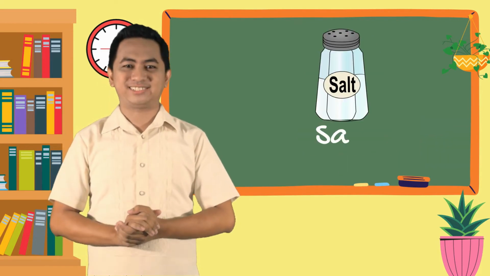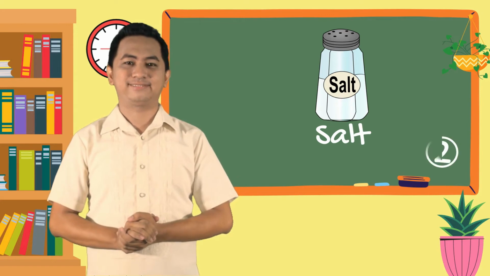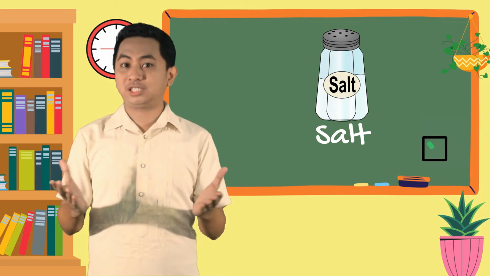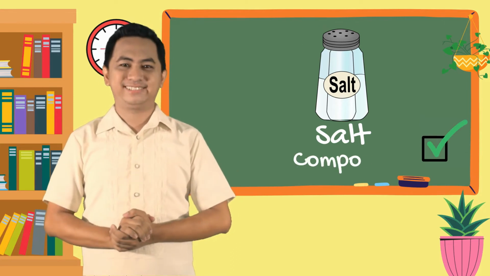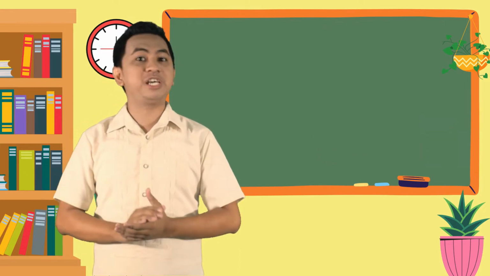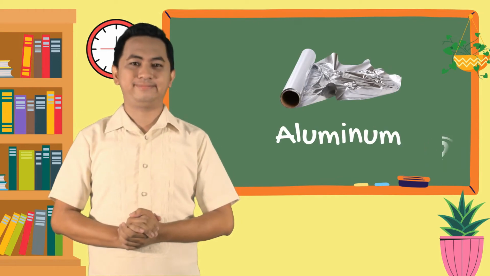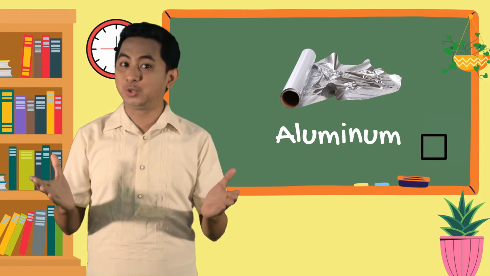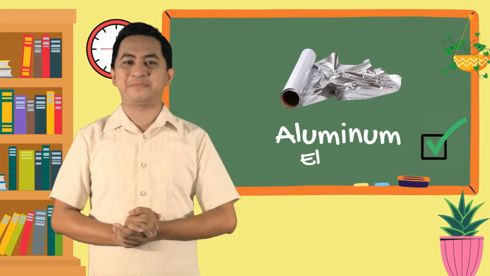Next picture. You got it right. Salt is a compound. Next picture. You're right. Aluminum is an element.